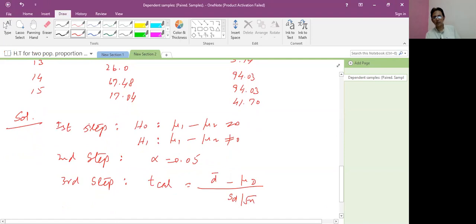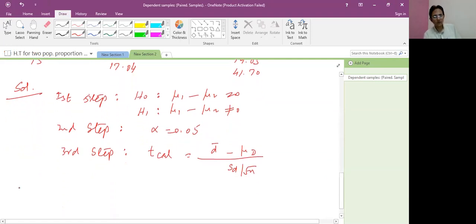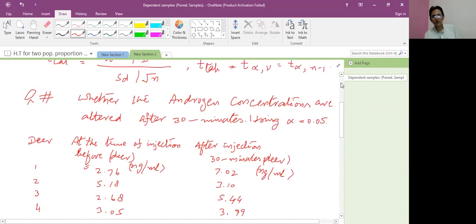First we will determine d bar. If we write the observations as before and after, we consider the variables x and y, so di is equal to x minus y.